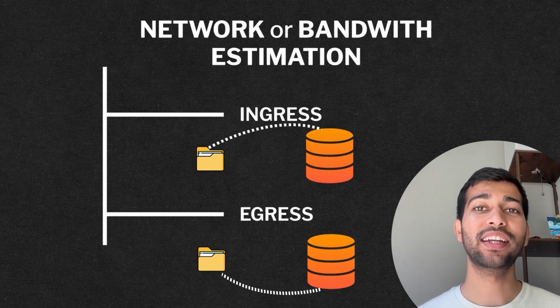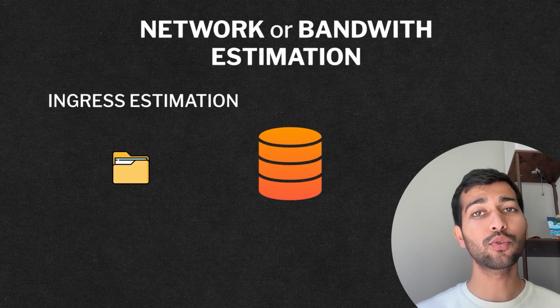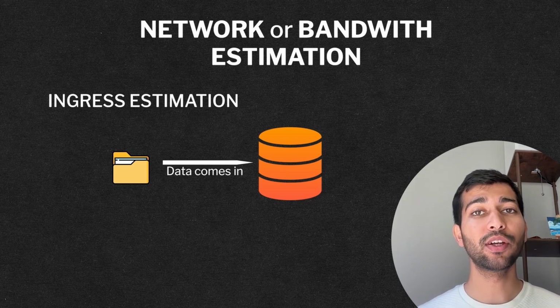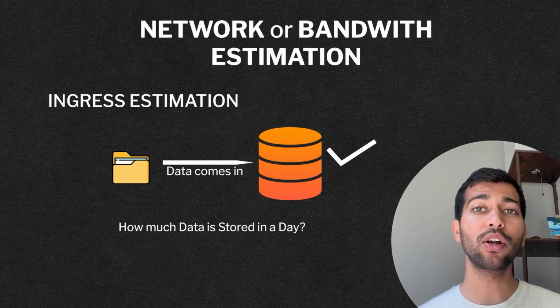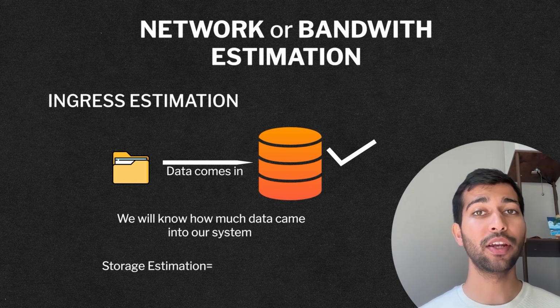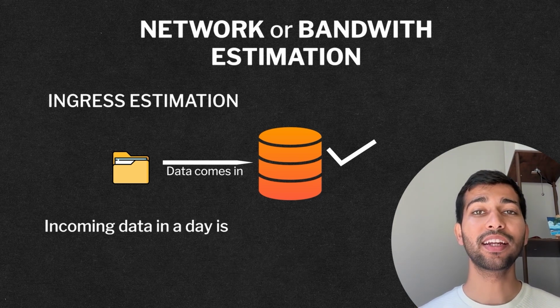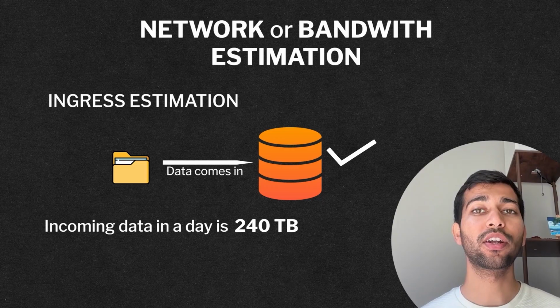Let's move on to the ingress estimation. We know for a fact that all the data that comes to our system in a day is eventually stored somewhere. So if we can somehow know how much data is stored in a day, we would know how much data came into our system, right? Now, from our storage estimation, we know that number. We know that we store 240 TBs in a day. Therefore, incoming data in a day is 240 TBs.